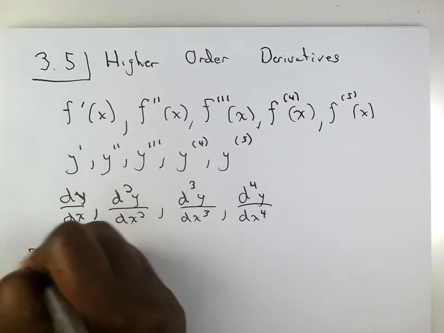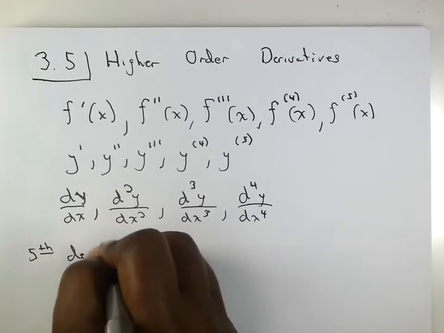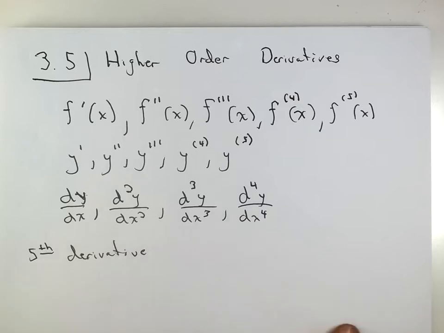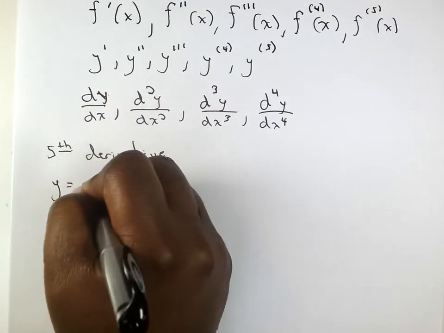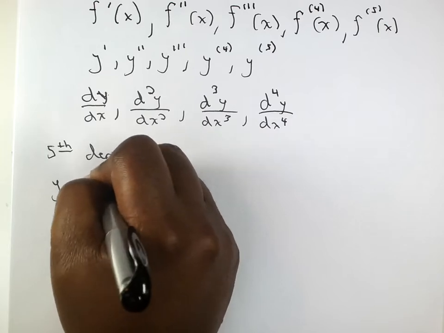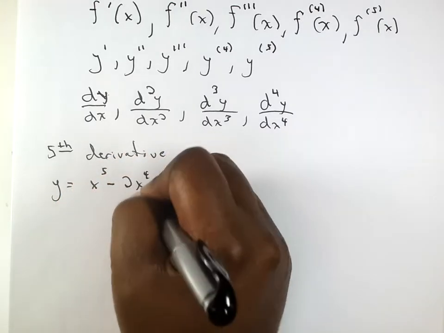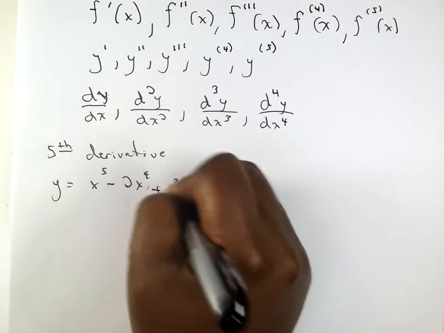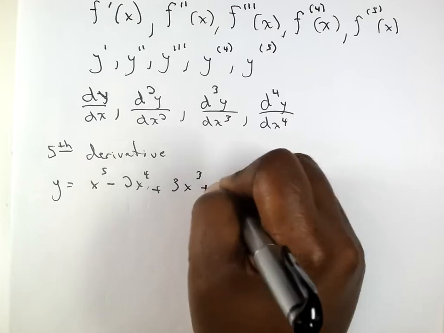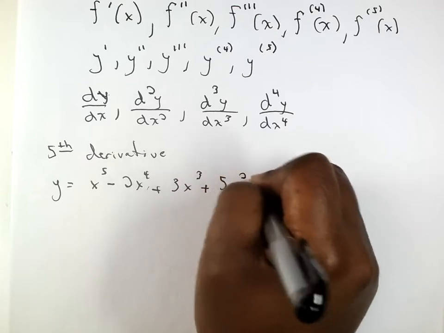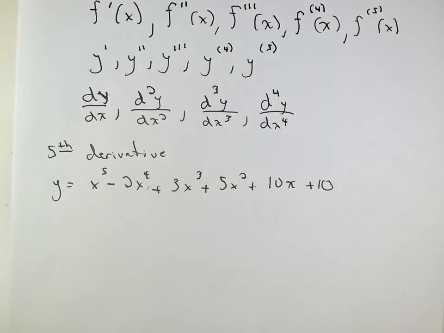I want to find the first 5 derivatives. My equation is y equals x to the 5th minus 2x to the 4th plus 3x to the 3rd plus 5x squared plus 10x plus 10.